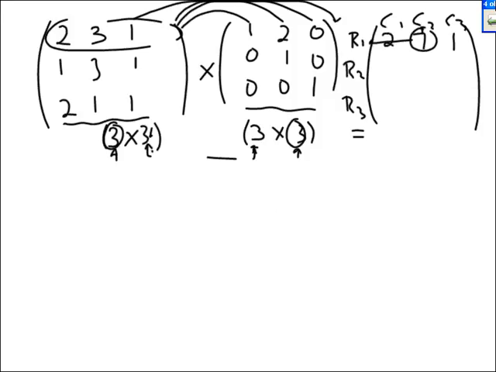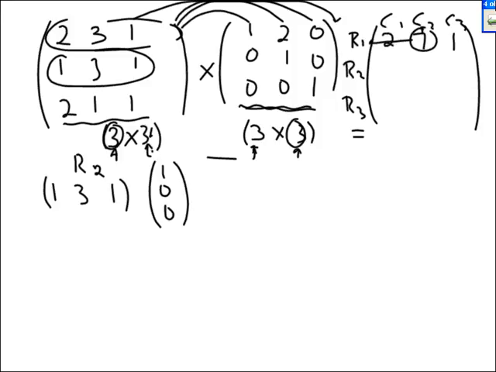Now let's do row 2. I'm going to dot row 2 with each column of the second matrix. 1, 0, 0, column 1. Then we're going to take row 2 and dot it with column 2, 2, 1, 0.